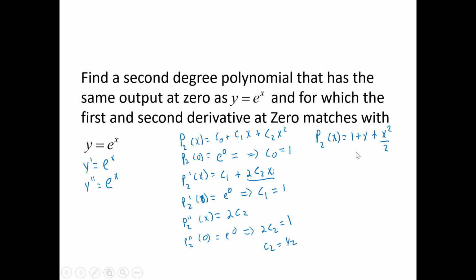Notice that the first two terms, 1 plus x, match the tangent line, the first degree polynomial, where the first derivatives match and the outputs match. And the only thing that changes is we just added a third term. Here's what this looks like graphically.